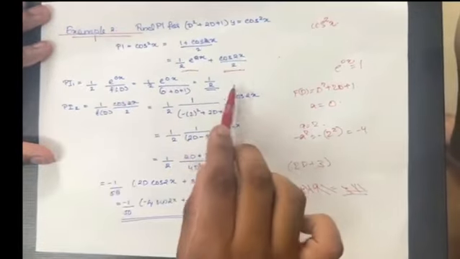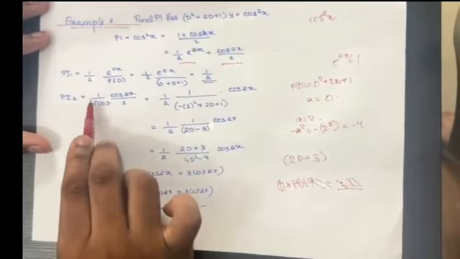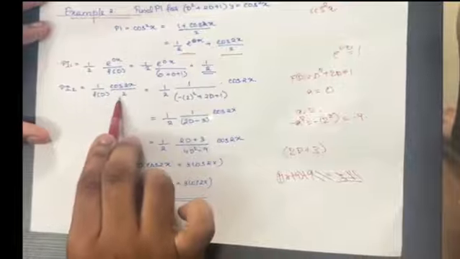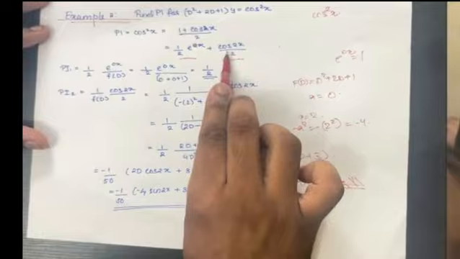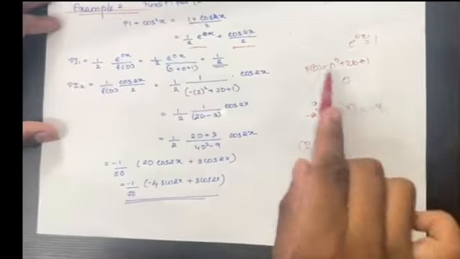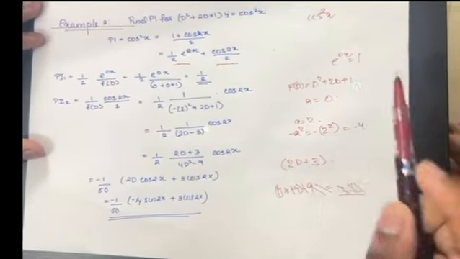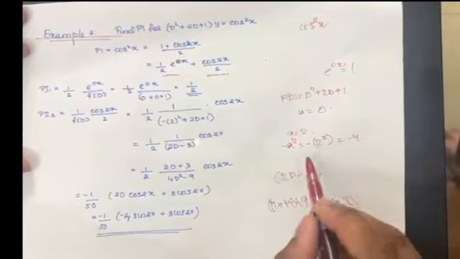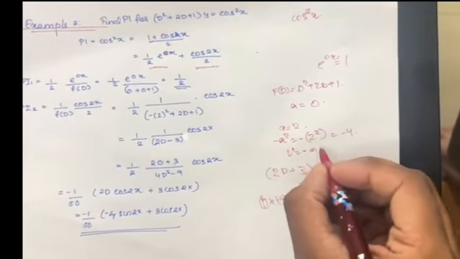So now looking at the second part for this question, we are considering cos 2x by 2, that is, 1 by f of D into cos 2x by 2. Here the RHS is of the form cos 2x. Therefore we have to apply case 2 here. Now considering f of D, that is D square plus 2D plus 1. We know in case 2 we substitute D square is equal to minus a square.